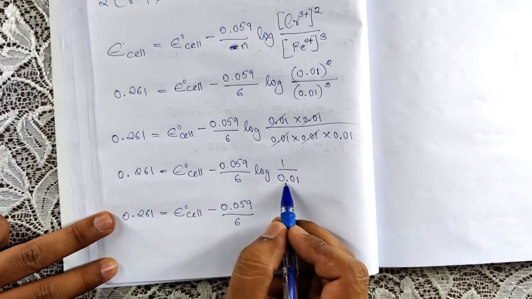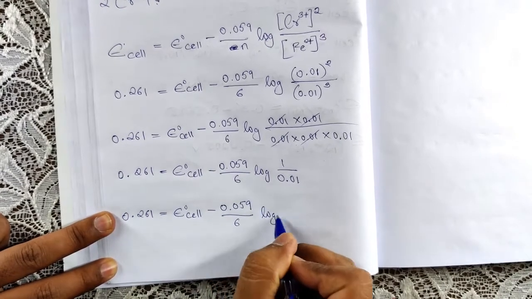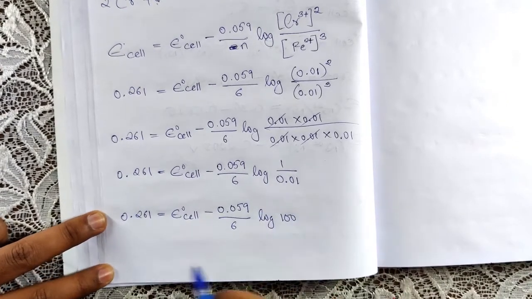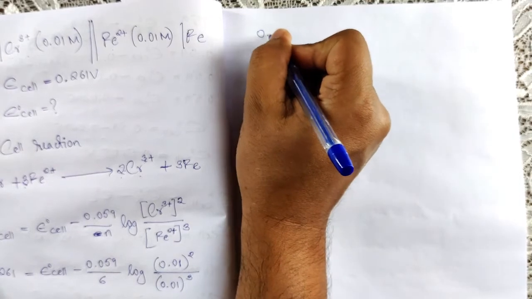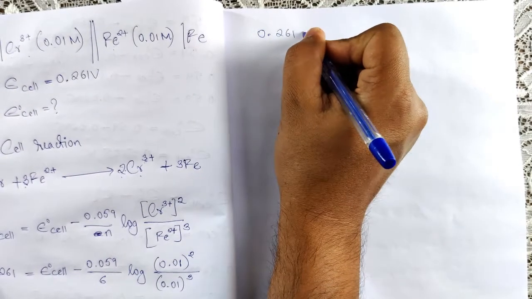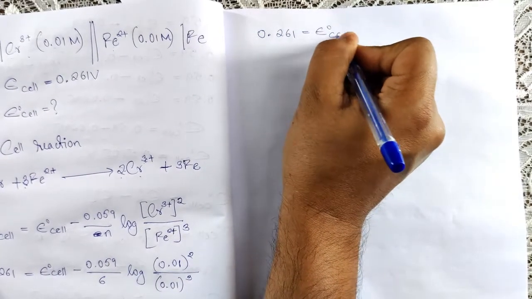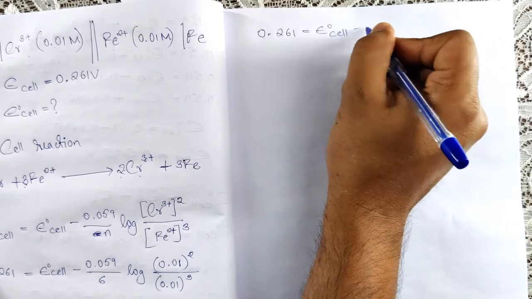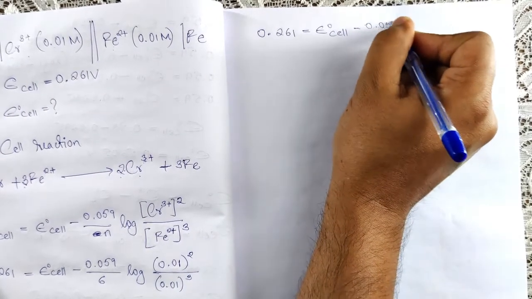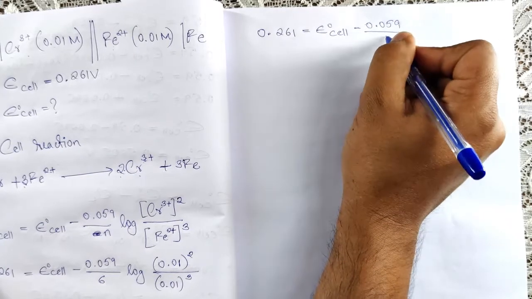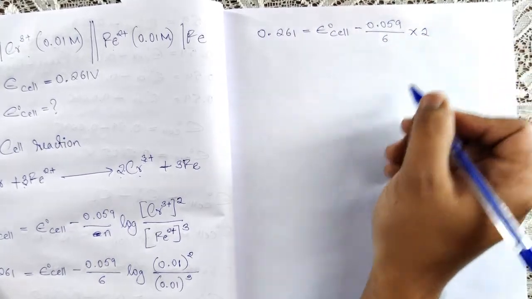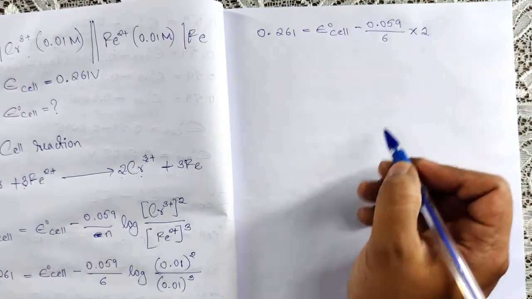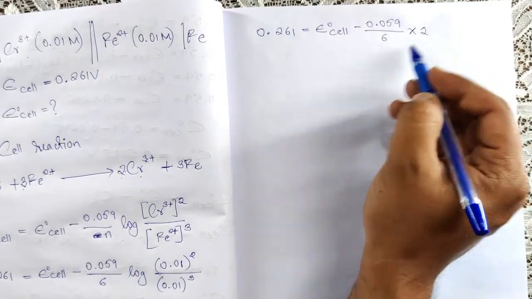So now if you remove the point, you have log 100. So log 100 is 2.